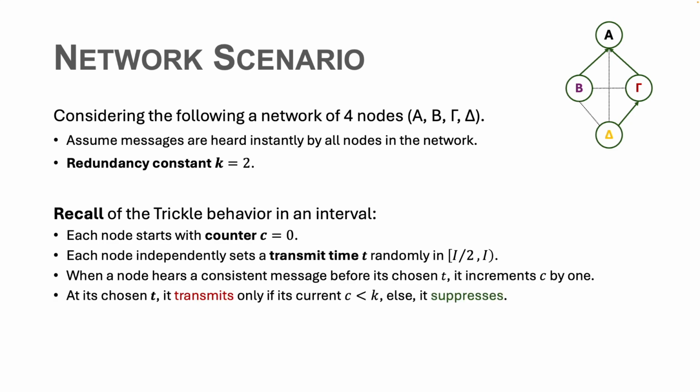Then when its transmit time t arrives, the node checks whether its current counter C is less than k. If C is less than k, the node transmits. Otherwise, if C is greater than or equal to k, it suppresses its transmission.